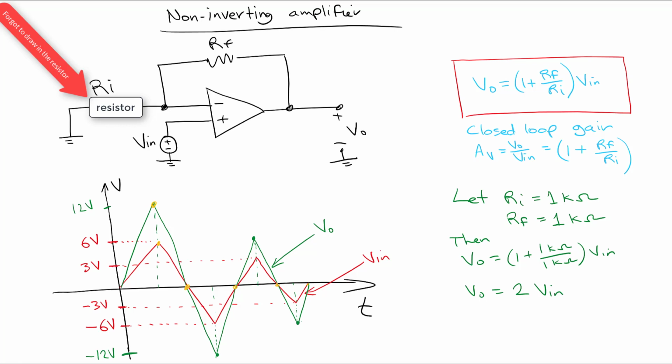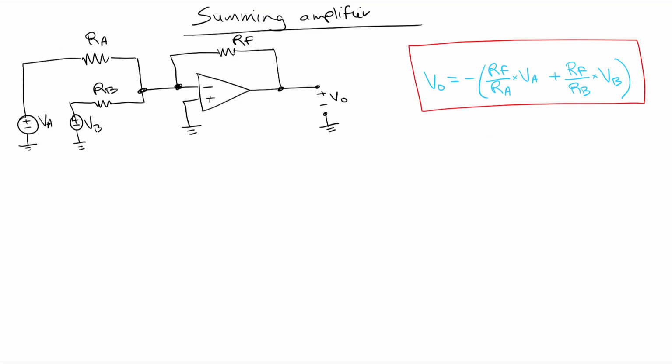Okay, so then let's go to our next op-amp, which is a little bit more complicated, and that's a summing amplifier. We've seen these op-amps in our lab 3, and we did some fun stuff with the summing amplifier. The equation for the summing amplifier is a little bit more complicated, where there's two input voltages.